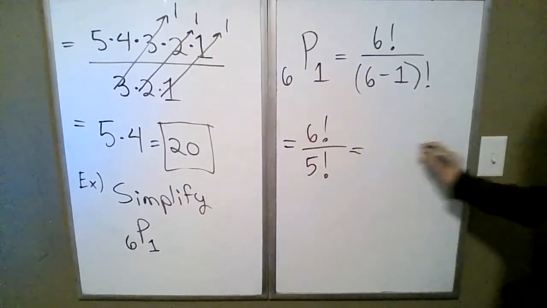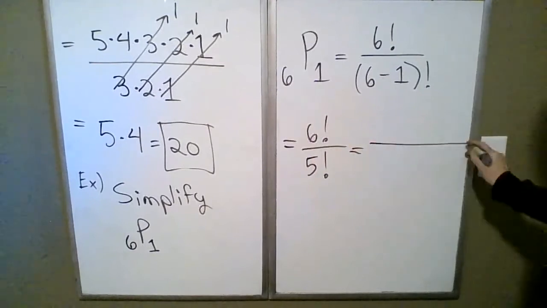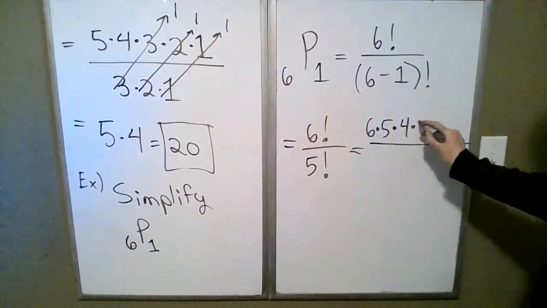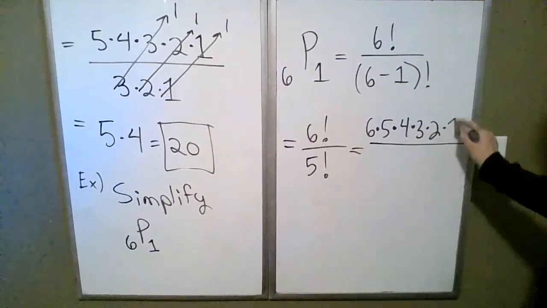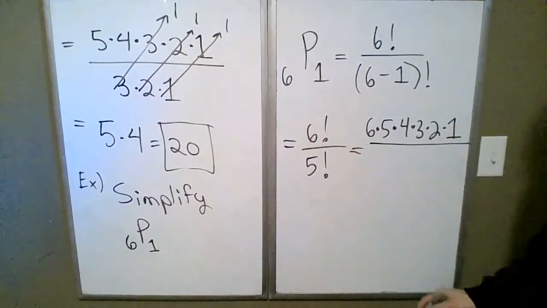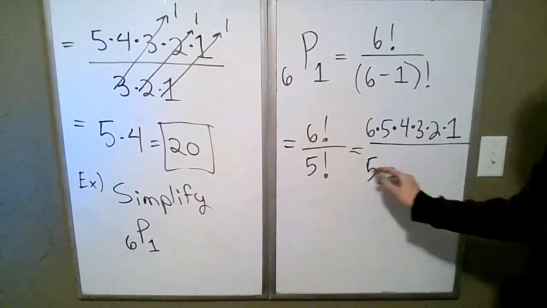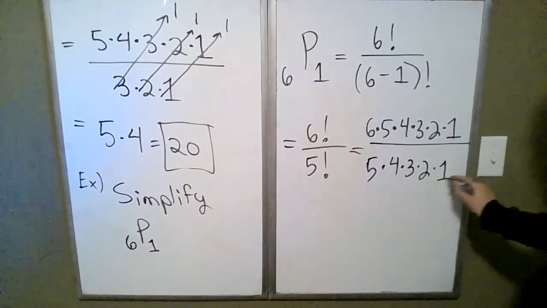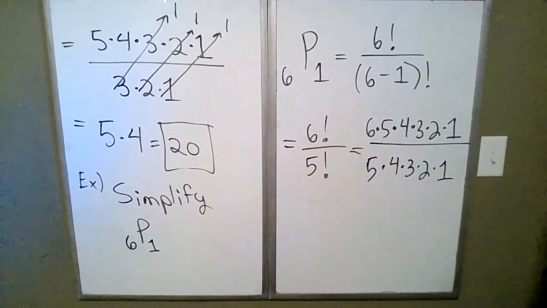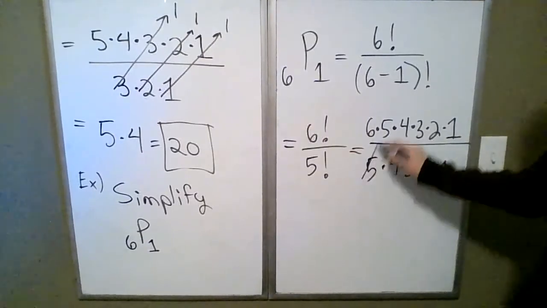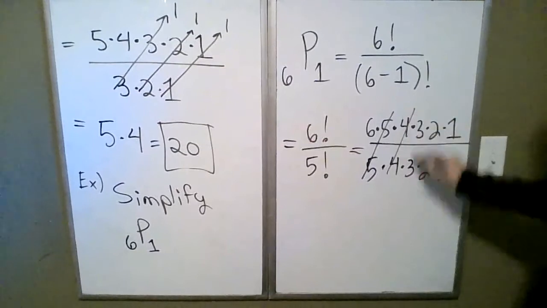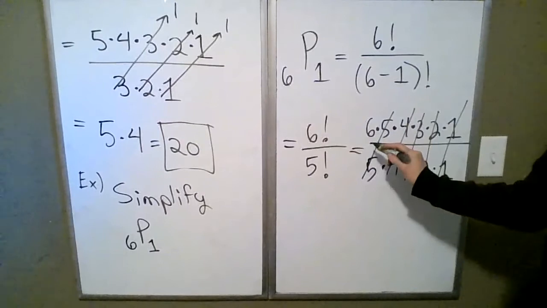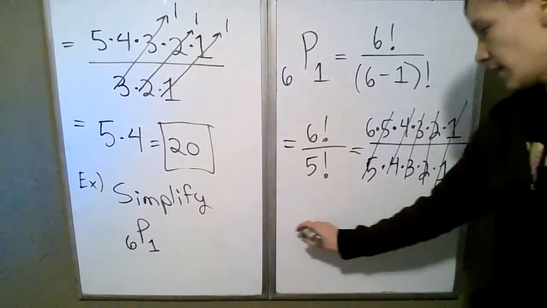So I'm going to expand the numerator. And then same thing in the denominator. Write out 5 factorial. And when you have 5 over 5, it reduces to 1. The same for 4/4, 3/3, 2/2, and 1/1. So all you have left is 6 times 1, which is 6.